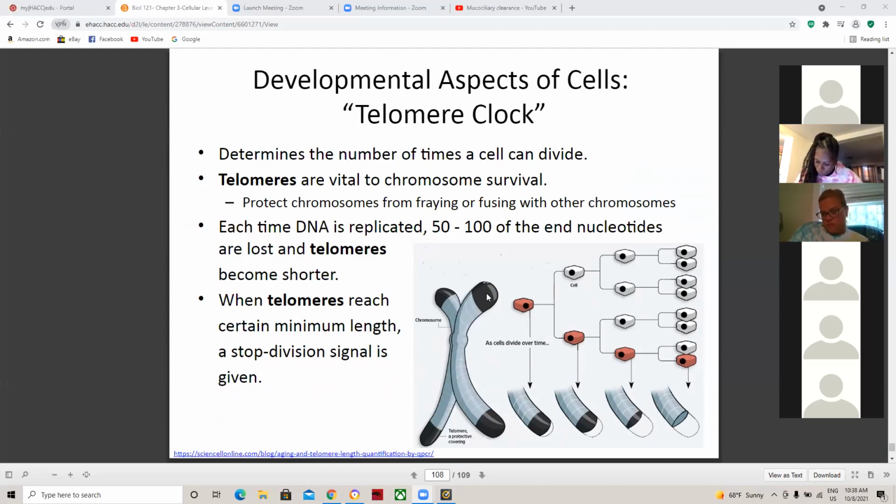Each time the DNA is replicated, 50 to 100 of the end nucleotides are lost and the telomeres become shorter. So the telomere clock will determine how many times a cell can divide.